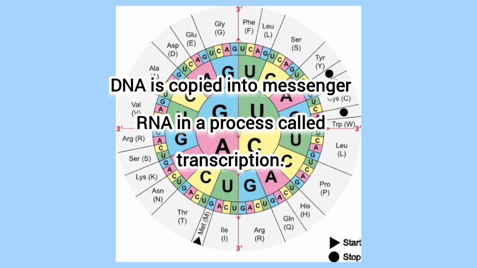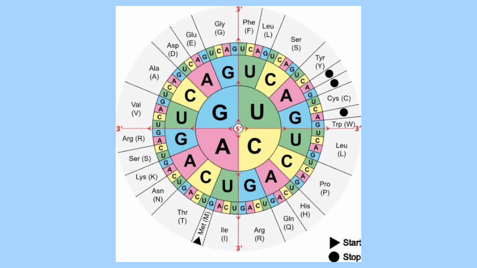First, DNA is copied into messenger RNA in a process called transcription. Then the messenger RNA moves to a structure called the ribosome, where it is translated into proteins. This process is called translation. This is where the genetic code becomes important.